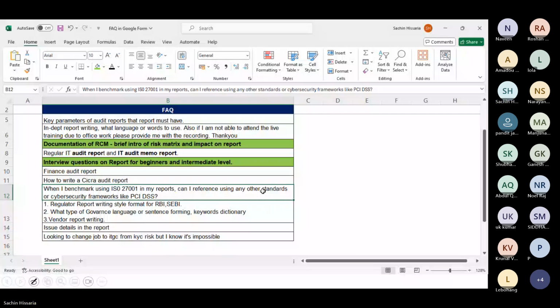Okay. I believe we have already covered how to write an audit report and all the issue details in a report. Looking to change job from KYC risk to ITGC, but I know this is not impossible. Whoever has written this, it is very much possible, guys.